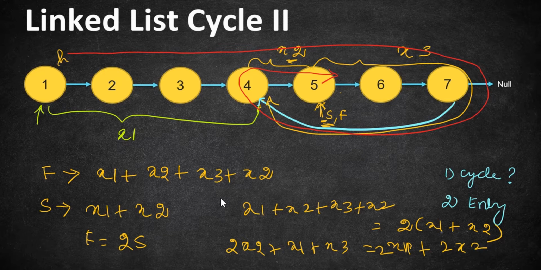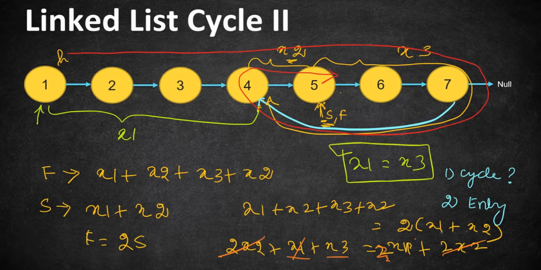Just an algebraic formula, we are going to just cancel out the terms. So 2x2 and 2x2 cancel. So now the rest is x1 plus x3 is equal to 2x1. So here 1x1 cancels and here remains 1x1. So finally it proves that x1 is equal to x3.